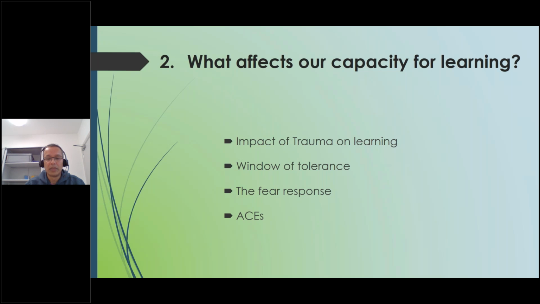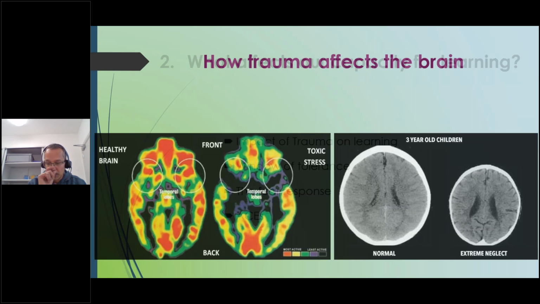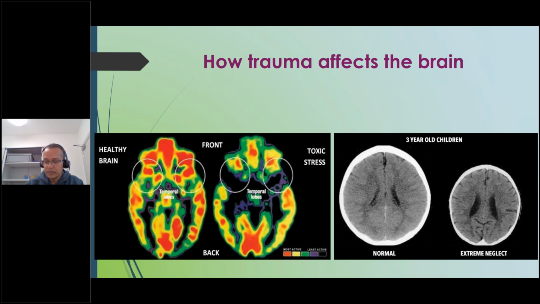Instead of a balanced response to stimulus, they are always primed for fear, which gives rise to the flight, fight, or freeze response. So traumatized brains are usually wired for protection rather than connection. And we know that learning can happen only through a connection, through a relationship between the learner and the teacher. So let's look at a little more detail about this.